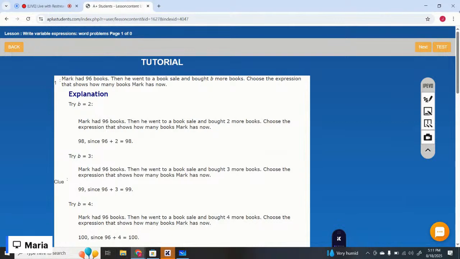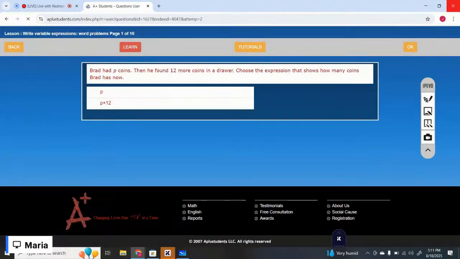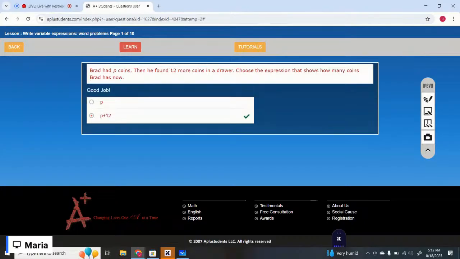Let's just start with the test questions. Brad had P points. Then he found 12 more coins in a drawer. Choose the expression that shows how many coins Brad has now. So earlier he had just P, right? So he found 12 more. So that means now he has P plus 12.